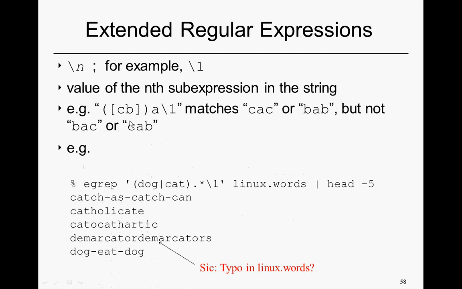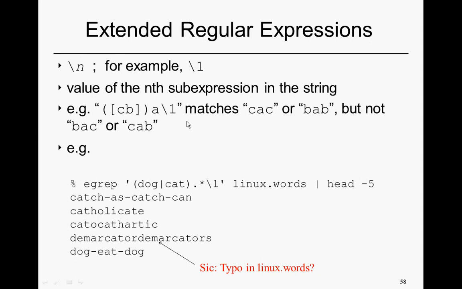So, for example, if we have something like this, we put in this grouping expression. Now, it might not seem like it has an obvious value. After all, we're just having a single expression. We're not having a sequence of expressions. But it remembers what was matched here, the particular thing.